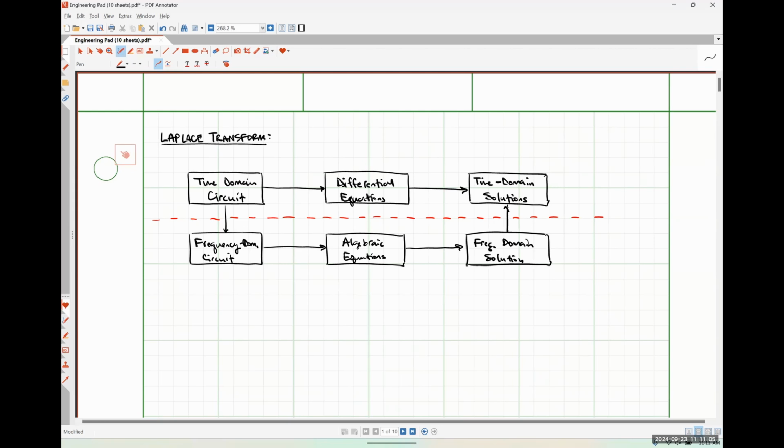So this was all hunky-dory when we were dealing with steady state sinusoidal circuit analysis. But what if our circuit of interest is excited by something that isn't a steady state sinusoidal excitation signal?